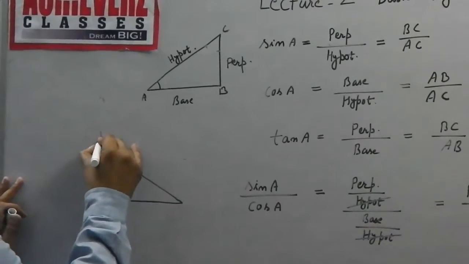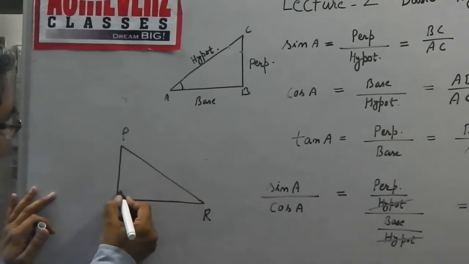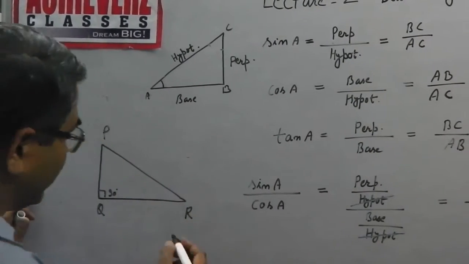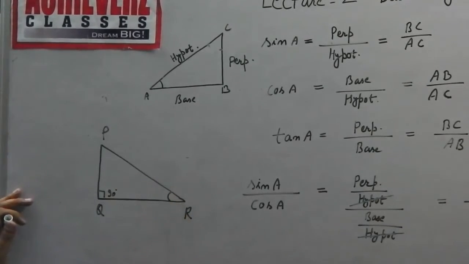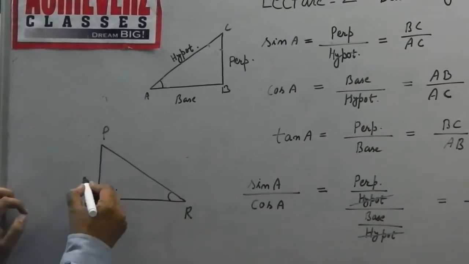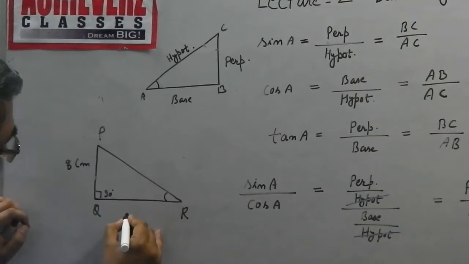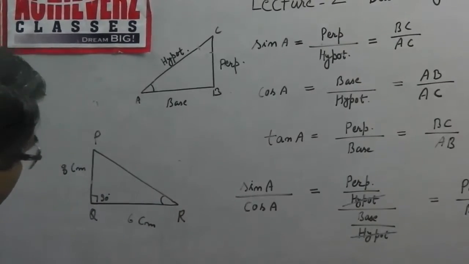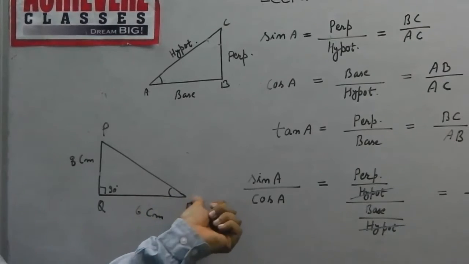Let us call it P, Q and R, where this Q is right angle and we have to find the trigonometric ratios for this angle R. And we are also given that the sides of this triangle are 8 centimeter and 6 centimeter, and we have to define trigonometric ratios for this angle R.